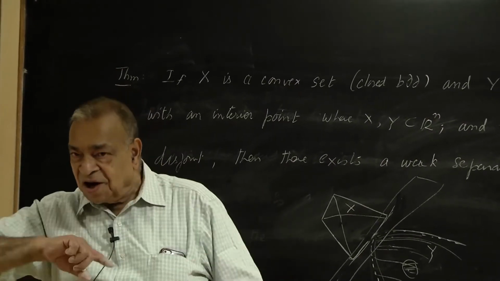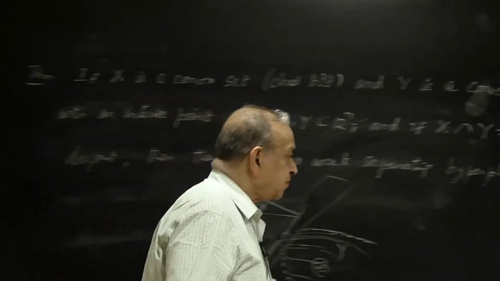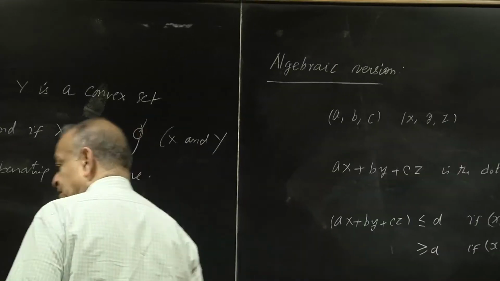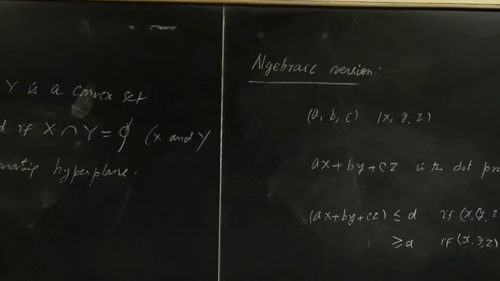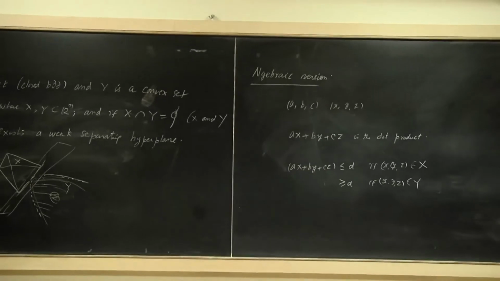On the boundary it will be equal. That's what will happen. So this is the theorem which is used in proving the Minimax theorem.